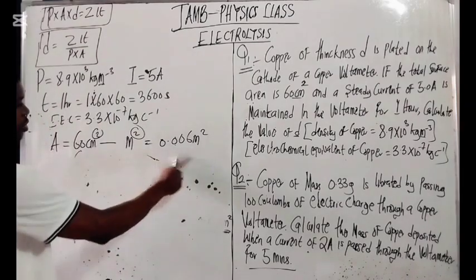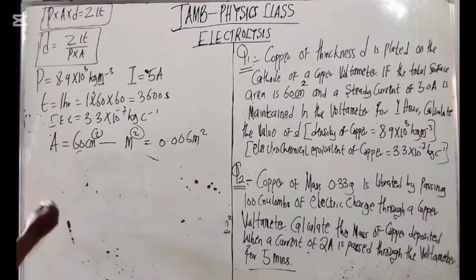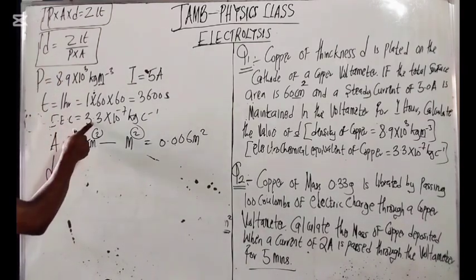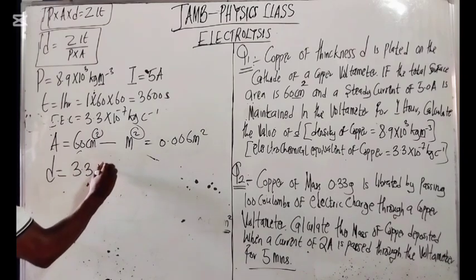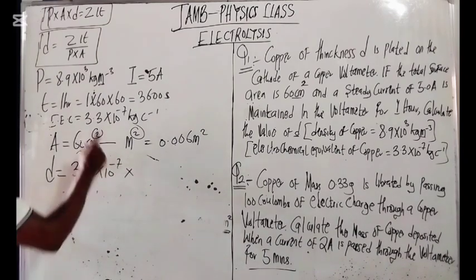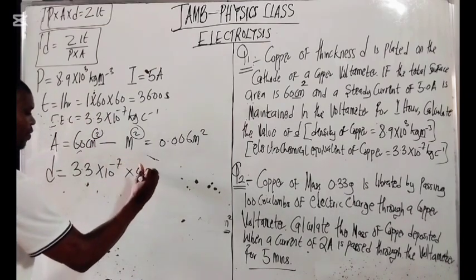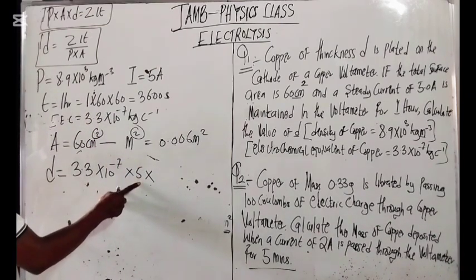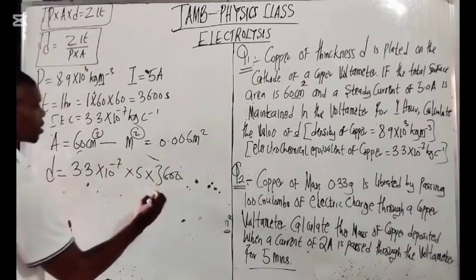So this is what you get, right? So what I want to do here is input your values. My D is now equal to what? Z. What is my Z? Z is this one here, right? 3.3 exponential minus 7 times my I. What is my I? My I is 5 times my T. What is my T? 3,600, right?